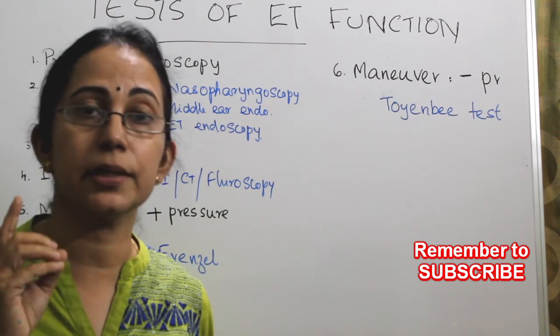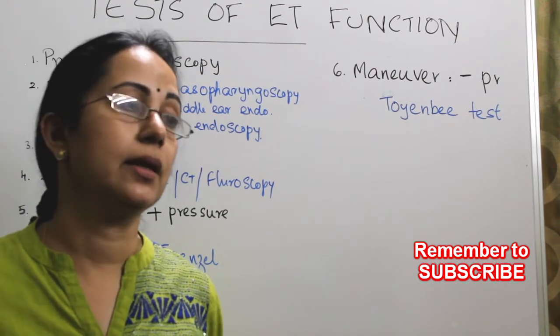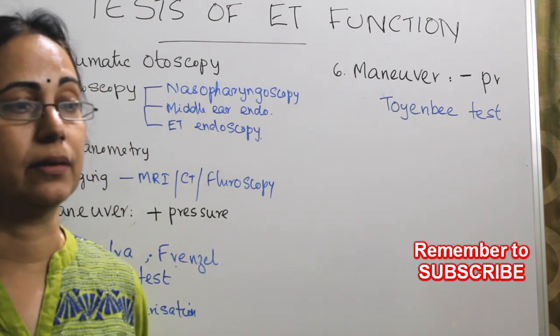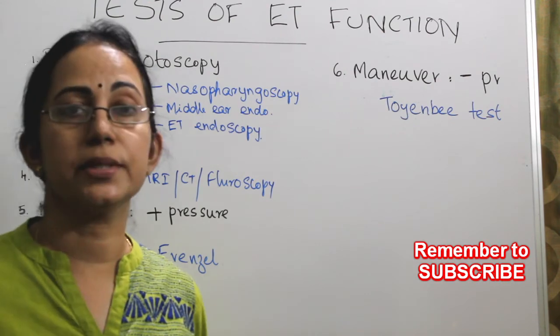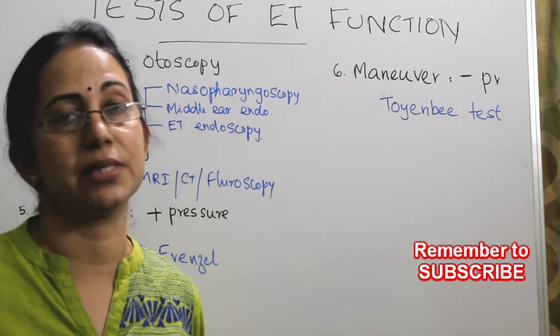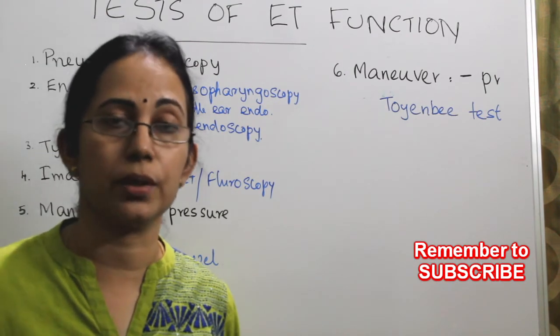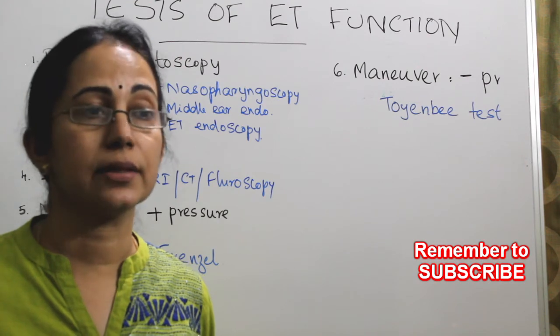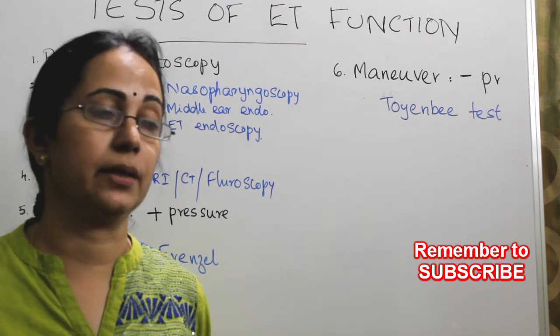If the tympanic membrane is intact, you can see the inward movement. And if the tympanic membrane is perforated, the manometer of the impedance bridge can be used to detect the pressure changes. Okay, so that is Toynbee, which is more reliable than a Valsalva, and in which a negative nasopharyngeal pressure is produced.